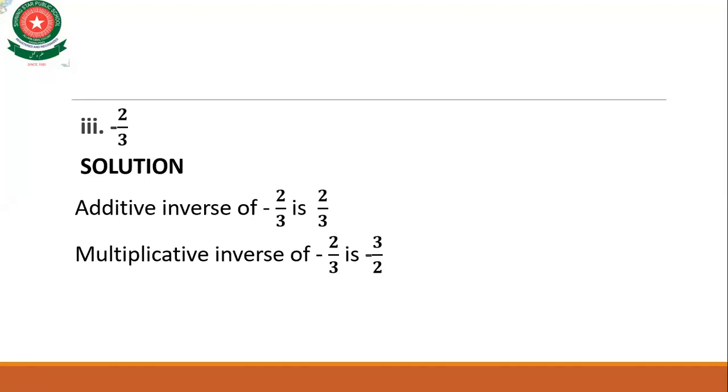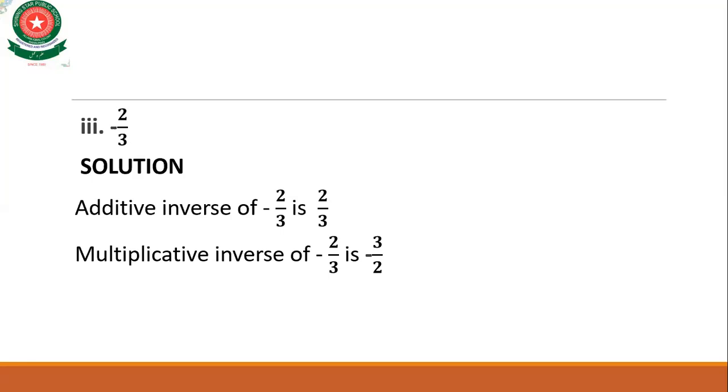Now part number 3, minus 2 by 3. The additive inverse of minus 2 by 3 is positive 2 by 3. And the multiplicative inverse of minus 2 by 3 is minus 3 by 2. Here we just change the 3 which is in the denominator into numerator, and the 2 which is in the numerator into denominator.